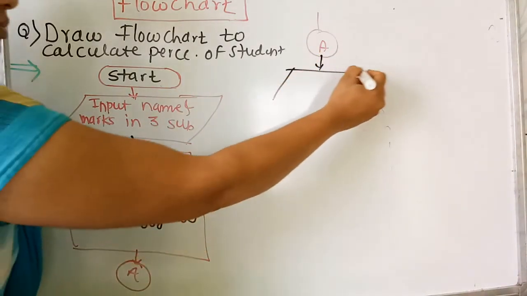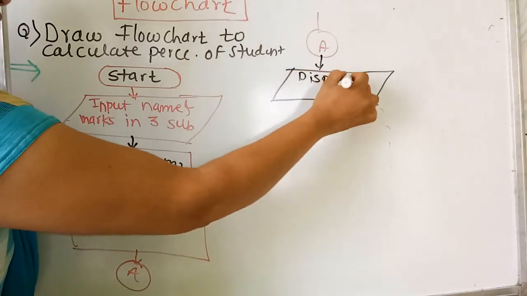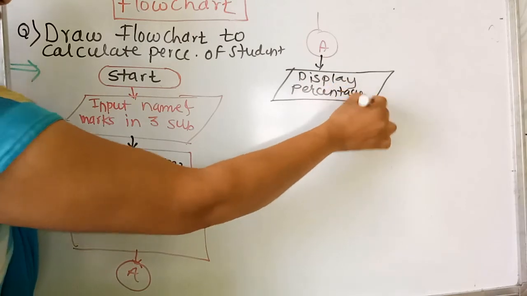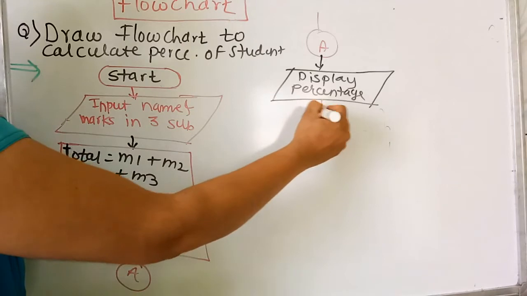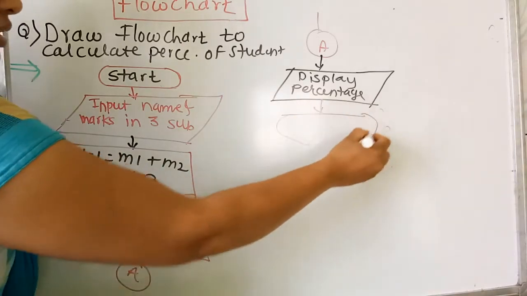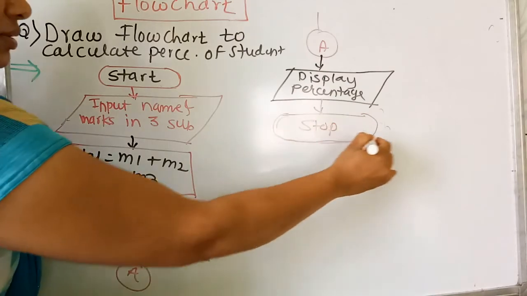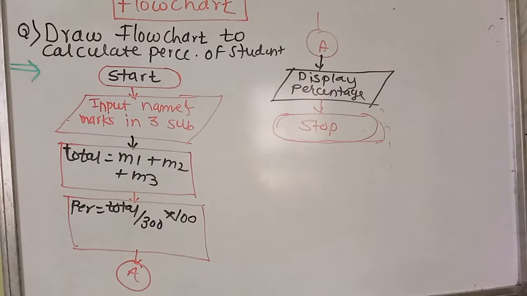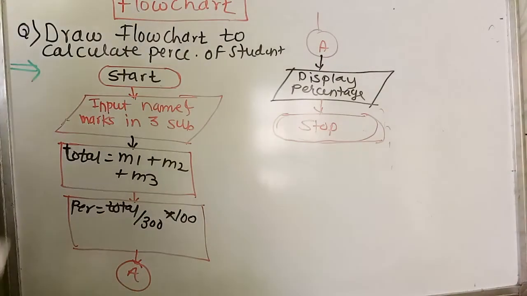So here we will write display percentage, and as our procedure is over, we will stop the procedure, that is, stop. So this is all about how to draw the flowchart to calculate the percentage of a student.